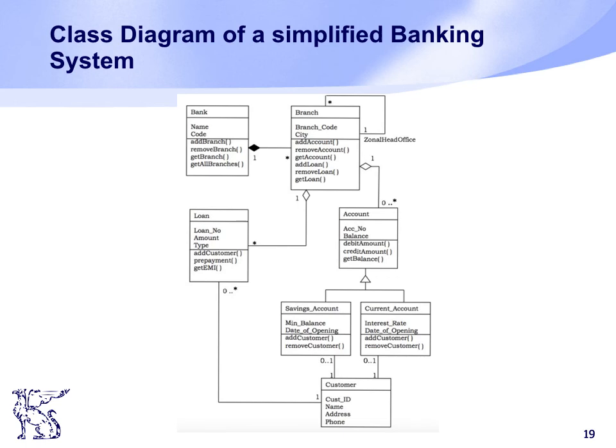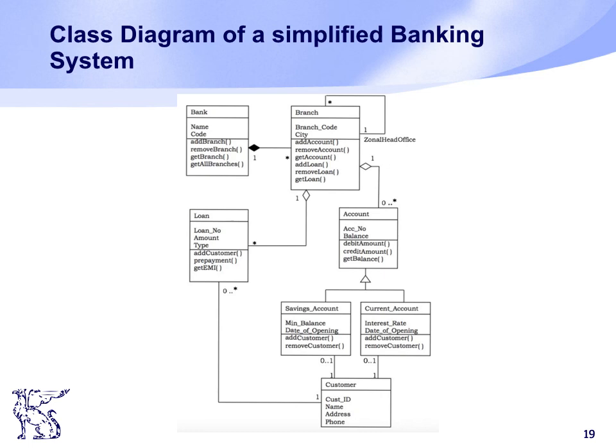A bank has a number of branches. So here you can see it contains a has-a relationship. It's a composition, so we have drawn it using a black diamond, and it's a one-to-many relation. One bank could have many branches.